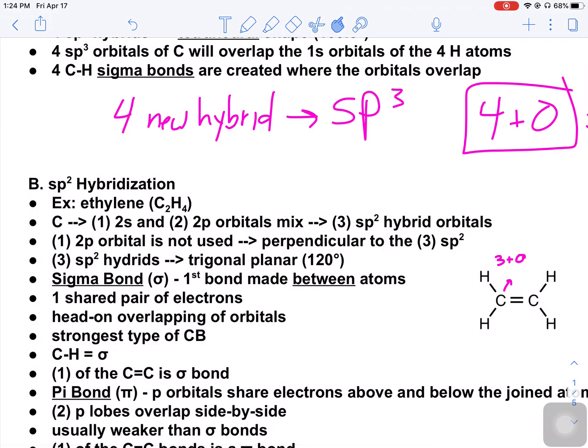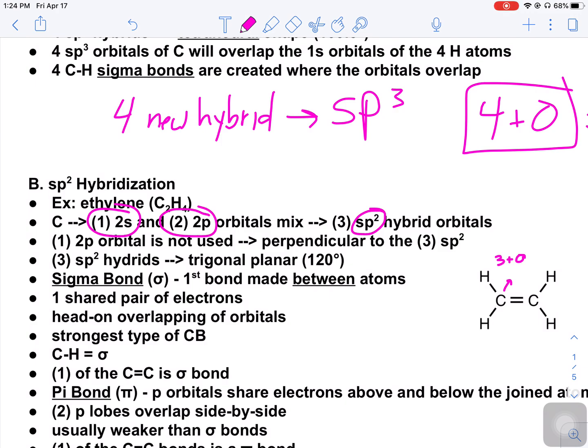All right, so ethylene, C2H4, okay? Carbon has an outermost s orbital. That's your 2s, okay? And it has some p orbitals. It actually has 3 outermost p orbitals, but only 2 of those are going to get involved, okay? So when you hybridize an s orbital with 2 p orbitals, you end up with sp2 hybrids.